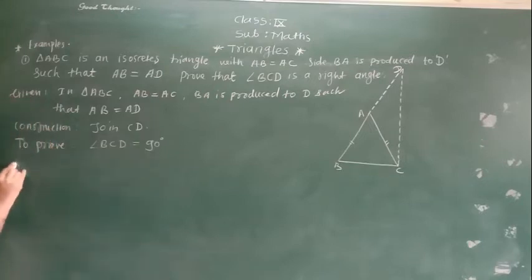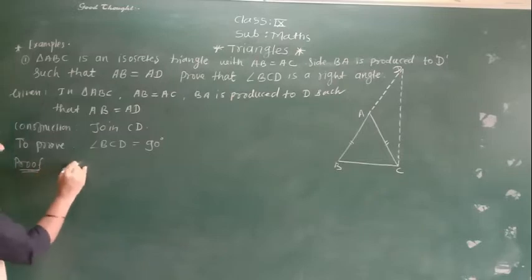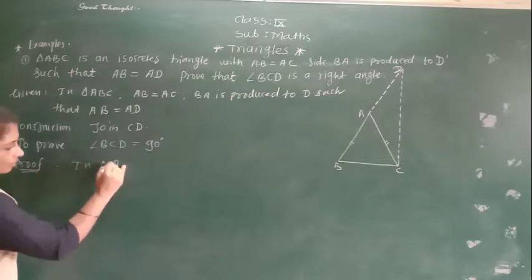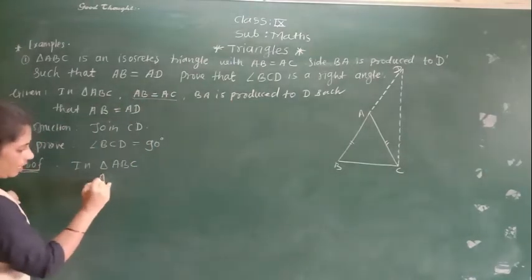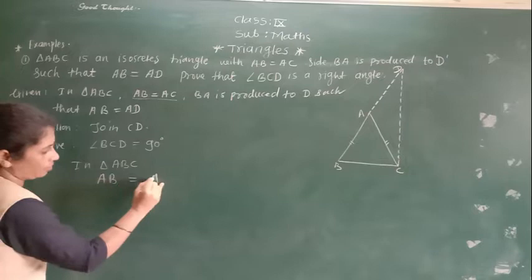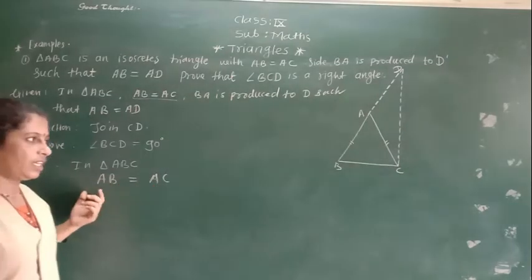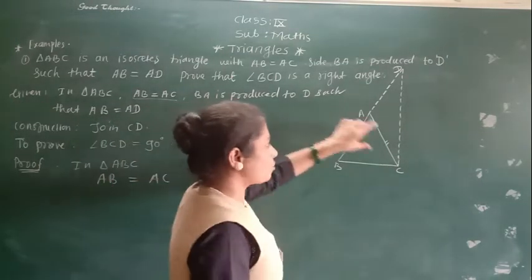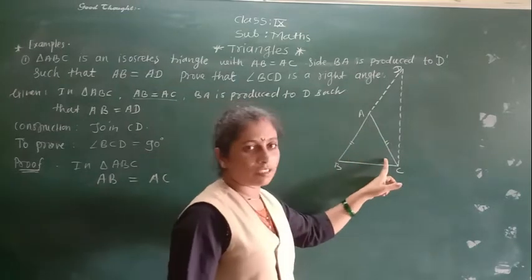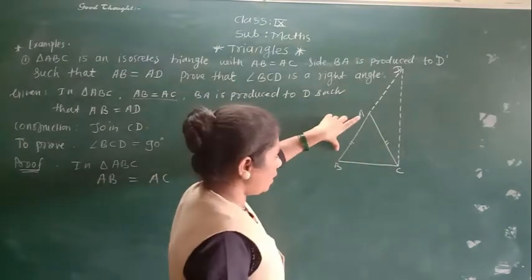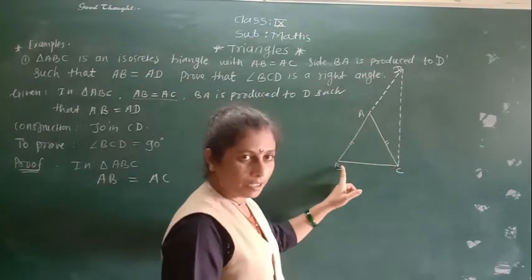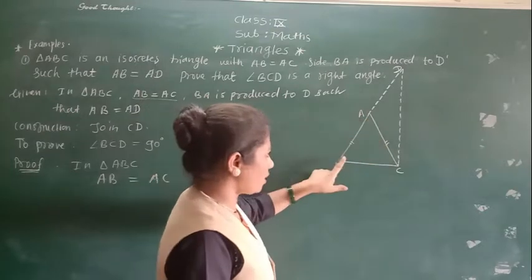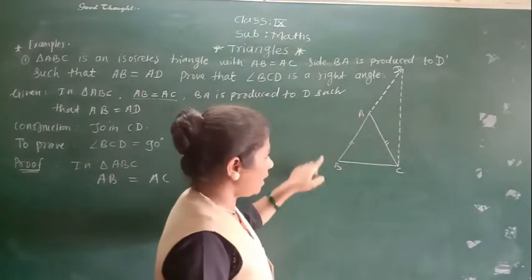Now when you start the proof, first we will take the help of triangle ABC. In triangle ABC, what is given for us? AB equals AC. Then we will use the property: when two sides are equal, the angles opposite to the equal sides are equal. So AB's opposite angle is angle ACB, and AC's opposite angle is angle ABC.